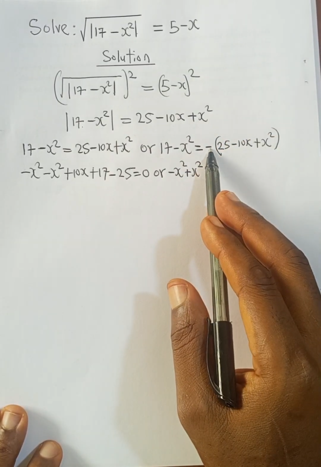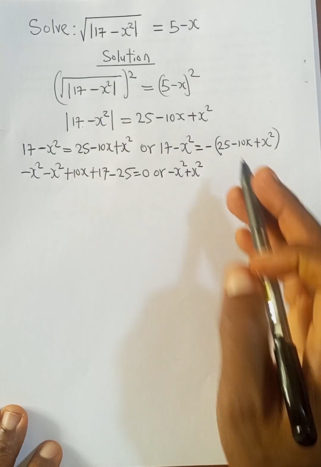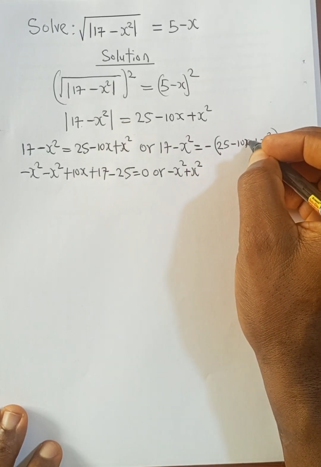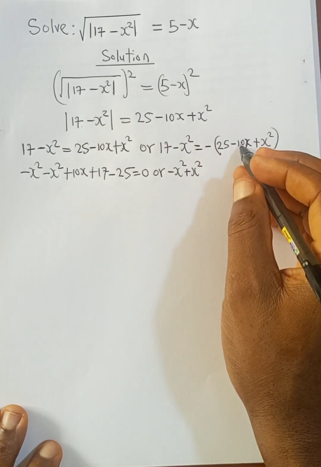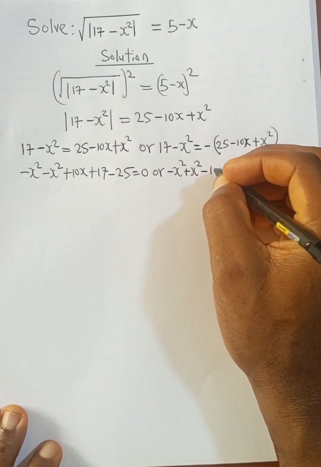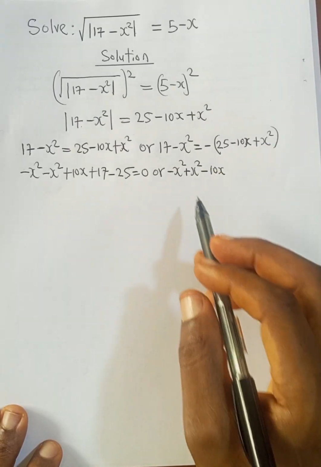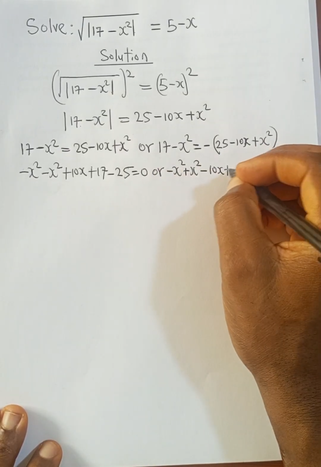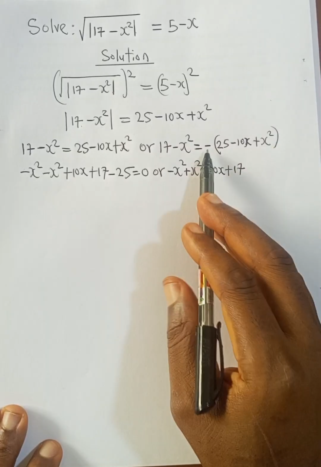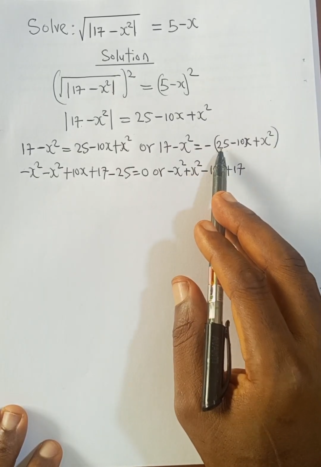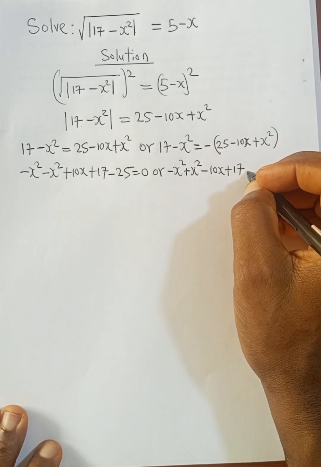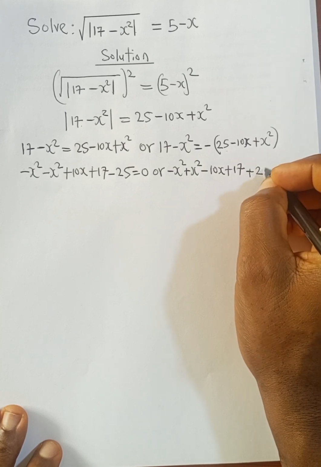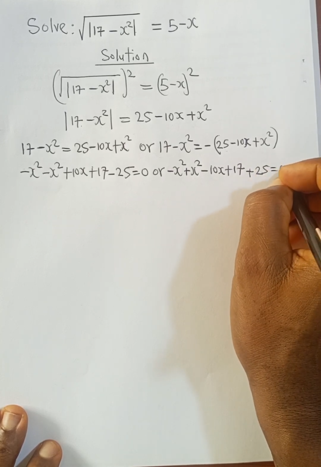Now, when this minus times this minus 10x, you have plus 10x. Plus 10x coming to this side will give you minus 10x. Then we have 17 here, plus 17. When this minus times this 25, you have minus 25. Minus 25 coming to the left hand side will give us plus 25 equals 0.